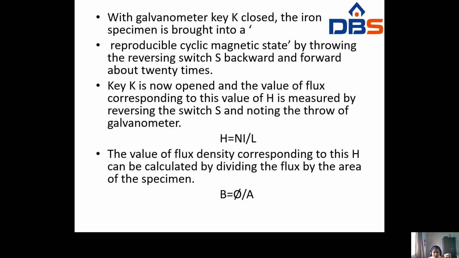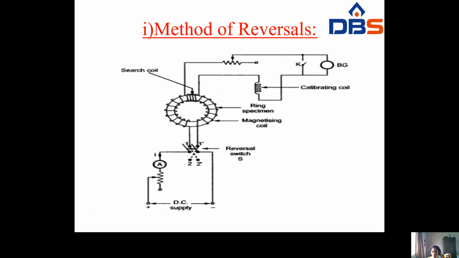When the galvanometer key K is closed, the iron specimen is brought into a reproducible cyclic magnetic state by throwing the reversing switch backward and forward about 20 times. Whenever you close this switch, you have to vary this rheostat.